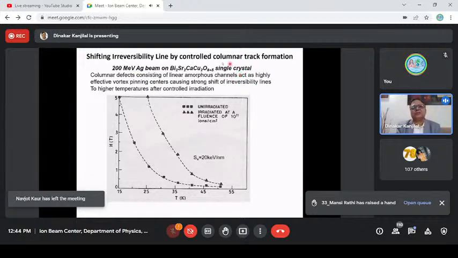So first we got a series of crystals from the Oxford lab, and there was some collaboration also, the Clarendon Lab particularly. And then we had collaboration with RRCAT for some measurements. So we showed that by pinning, you can make superconductivity effective, because initially people were thinking it is of no use.